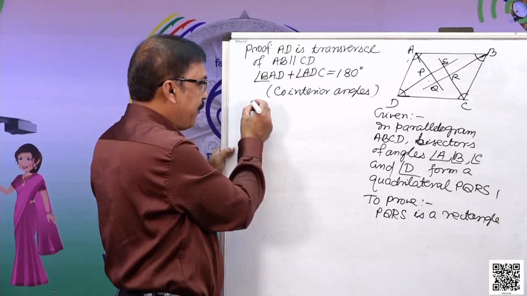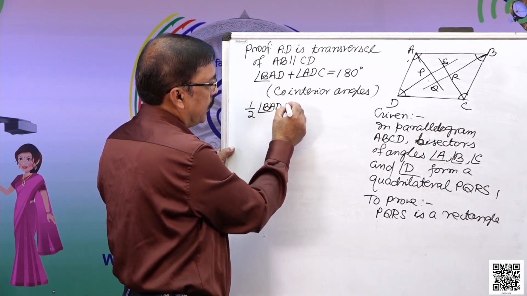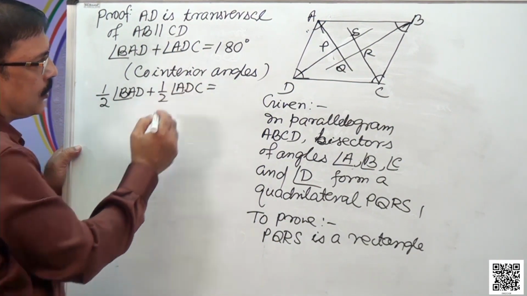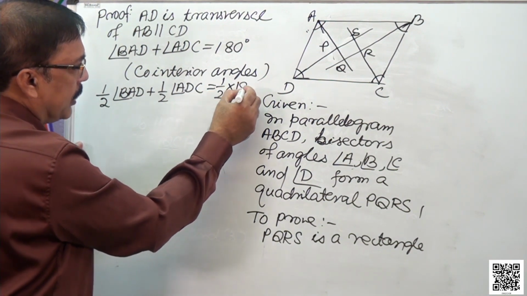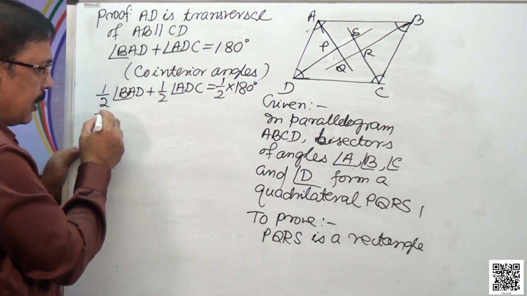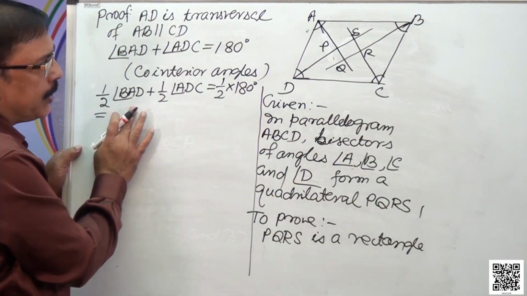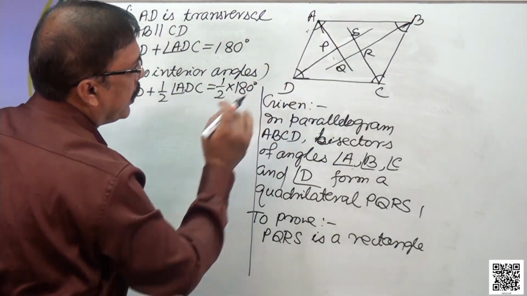And if we take half of it, then half BAD plus half ADC is equal to half of 180 degrees. In place of half BAD we can write PAD.